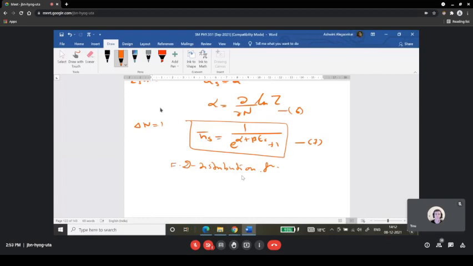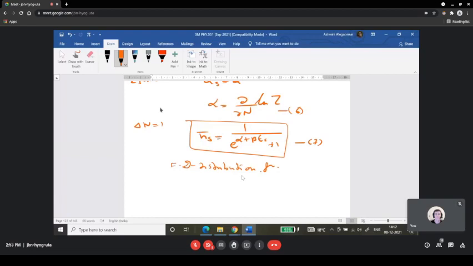In other words, we can also write it this way.